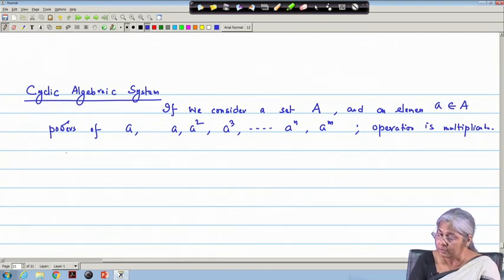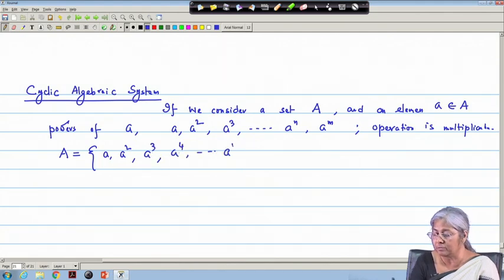Now, if the set A contains all these elements, say a square, a cube, a4, some a to the power n, then using this a, by taking the power, we can generate all other elements.